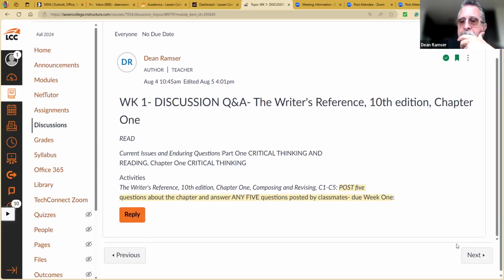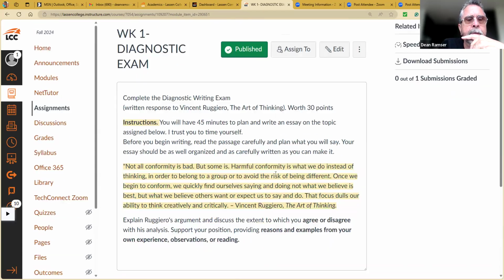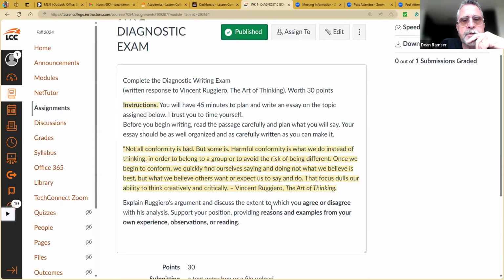Okay, that looks pretty clear. I think this is a discussion board. There's a diagnostic this week. Here's the prompt. This is very similar to the timed writing exam at the end of the semester. In fact, this is one of the writing prompts that is used in the CSU system. And I just use it as a diagnostic.